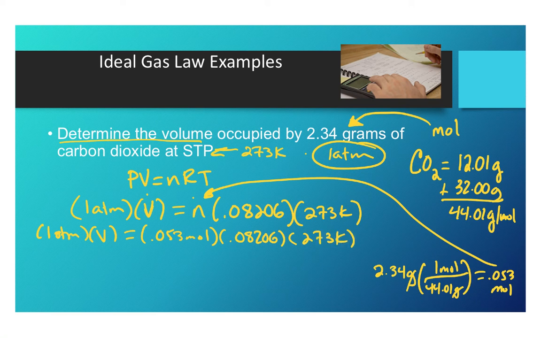So in order to solve this, I divide both sides by 1 atm to get that V by itself. And so V equals 0.053 times 0.08206 times 273 divided by 1. And you end up with a volume of 1.19 liters.